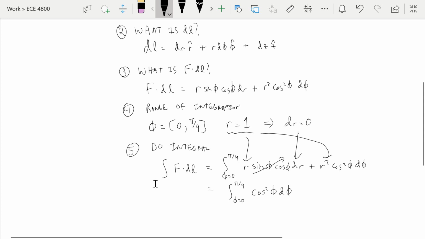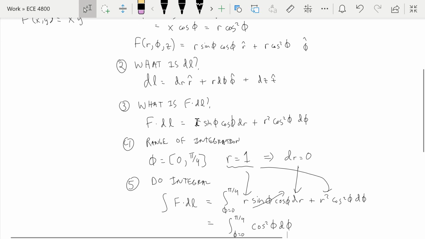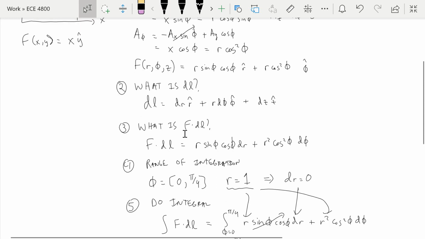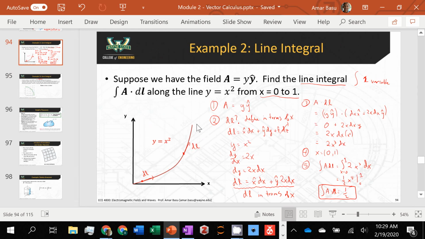Okay, you see this? Whenever you do line integrals, you have to look carefully at what line you're integrating across, and that will actually simplify your equations. So if we look back at this previous example, we were integrating along the line y equals x squared. We said y is equal to x squared, and we found a relationship between dy and dx.